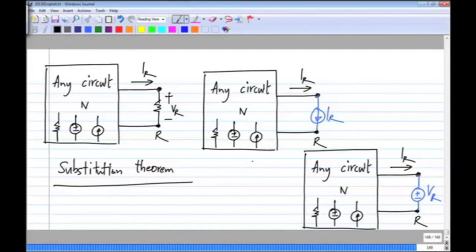Any questions about the statement of substitution theorem or the proof? Any questions?